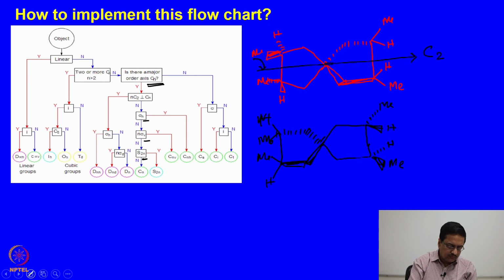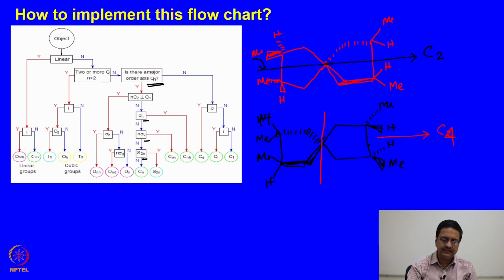So, on doing an S4, we have actually rotated the molecule by 90 degrees, as a C4, and then we apply a mirror plane perpendicular to it, like that.